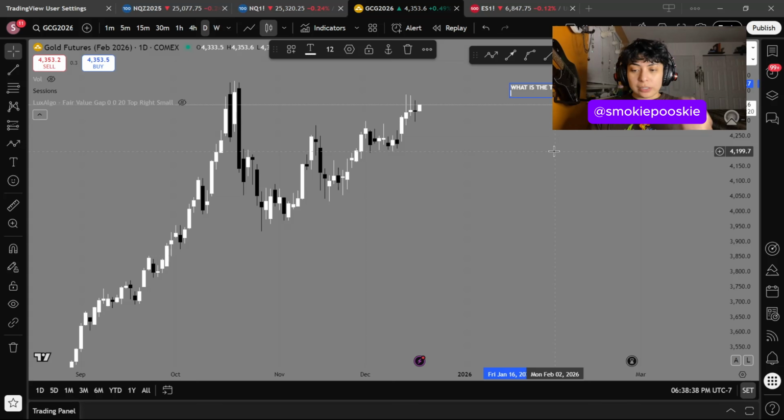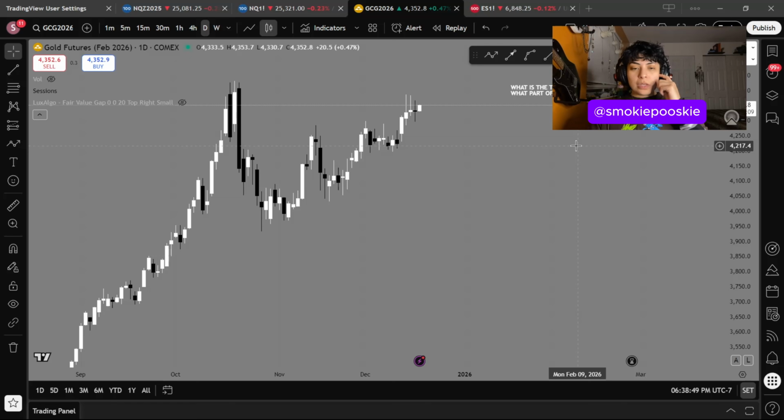And not just that, but you're going to want to know what part of the trend we are on. As a scalper, I've noticed that some things you got to take and some things just don't apply to you yet. Not that it doesn't apply at all, but because you're not swing trading, it doesn't apply to you yet.